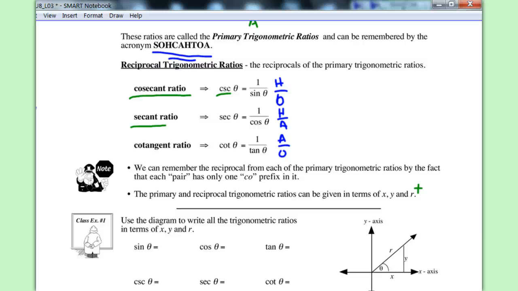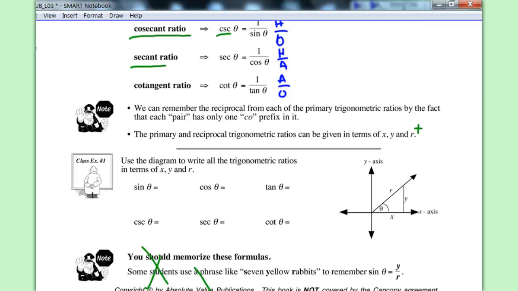The primary and reciprocal trig ratios can be given in terms of x, y, and r. When we go in standard position, our opposite side is y, our adjacent side is x, and our hypotenuse is always r, and r is always positive. Depending on the quadrant, x and y can be positive or negative.